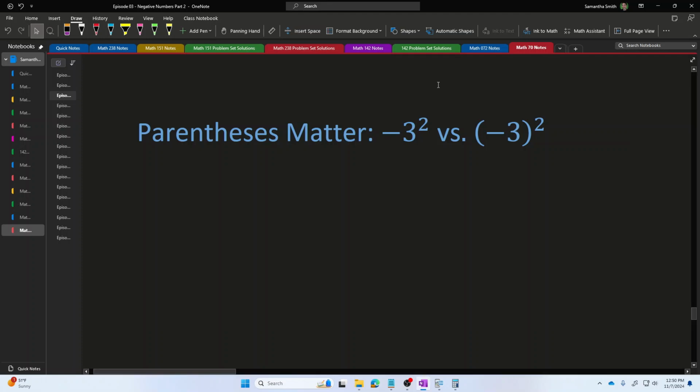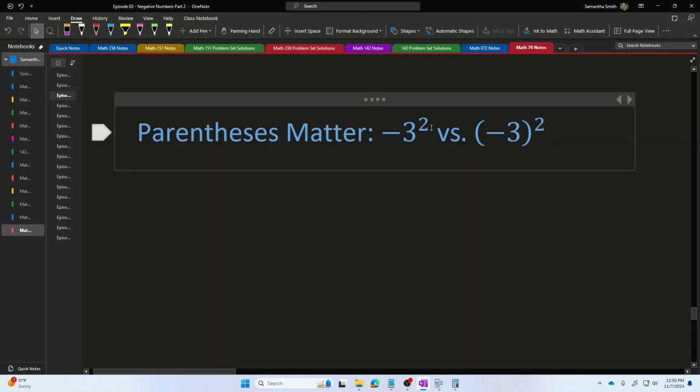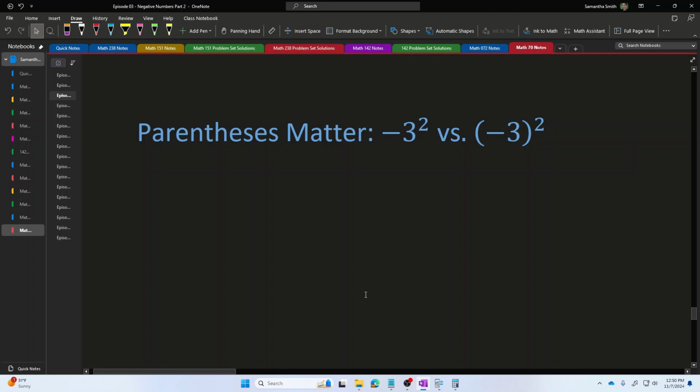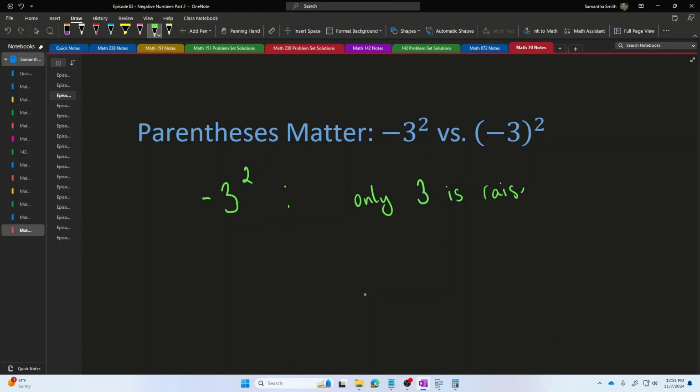If you have an exponent like 2, by default, exponents only apply to the one symbol directly underneath them. So if I write something like negative 3 to the power 2, just like this, what this is saying is that only the 3 is raised to the 2.